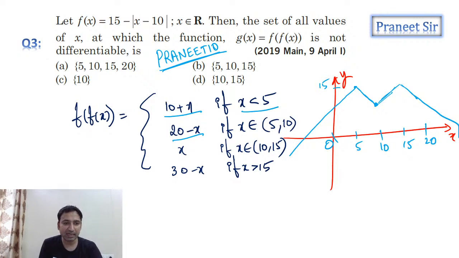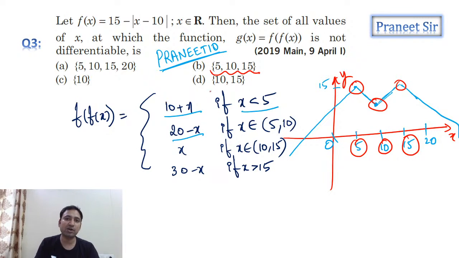Now in the graph, we can easily observe where this graph is having sharp edges. At 5, 10, 15. So we can say that at 5, 10, 15, it is non-differentiable. Clear now? Everyone understood?